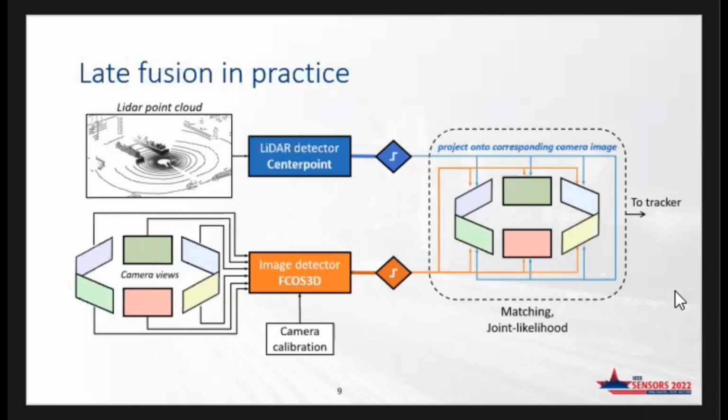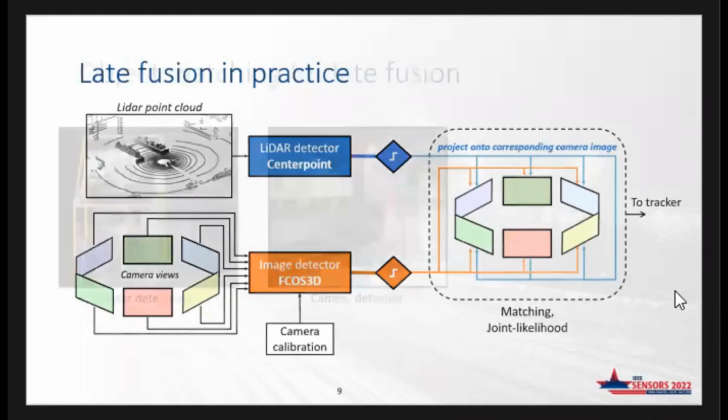In each of the 6 views, we run a camera object detector, and then these candidates are passed through a threshold, and all the confident detections are then matched by projecting onto the camera images. For matched objects, we will compute the joint likelihood of object existence, and based on these 2 parameters, we can do object tracking.